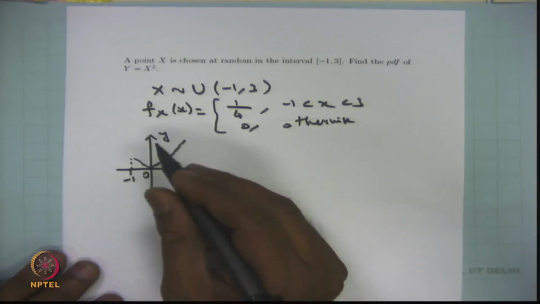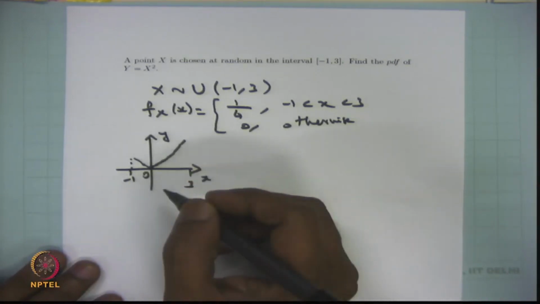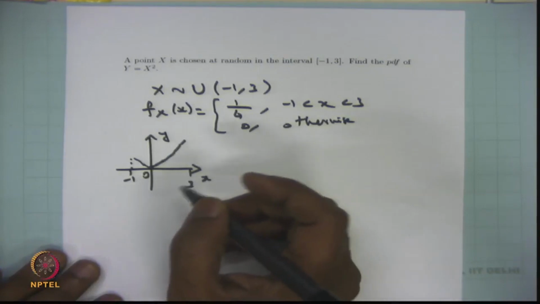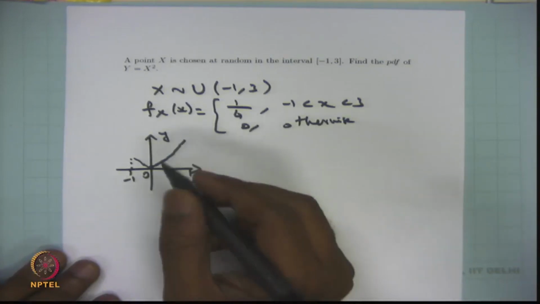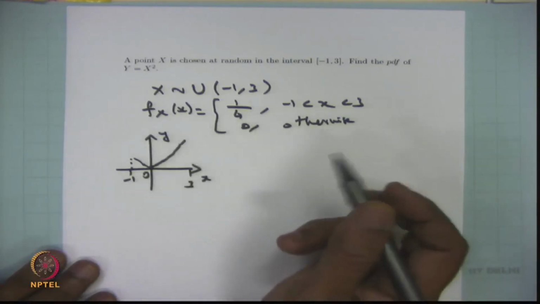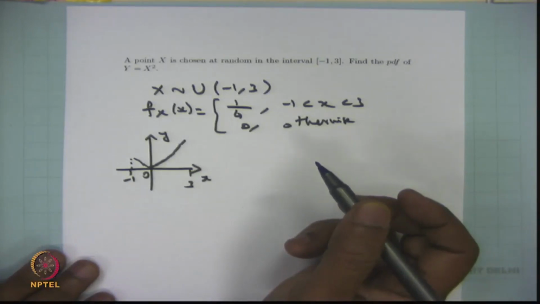Therefore, the CDF is going to be 0 till 0, and from 9 onwards the CDF is going to be 1, because x takes a value from -1 to 3 and y is equal to x square. So, the question is what is the CDF between 0 and 9.